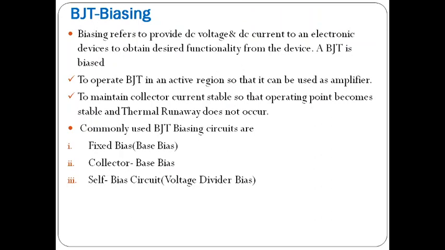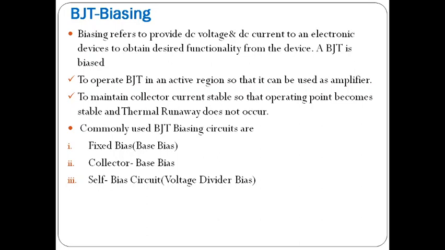Before going to that, the different techniques to bias the transistor. We know biasing is nothing but providing the DC voltage and DC current to an electronic device, any device, to obtain the desired functionality from the device.